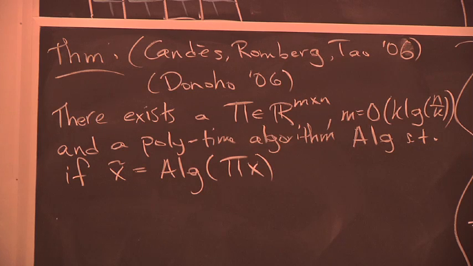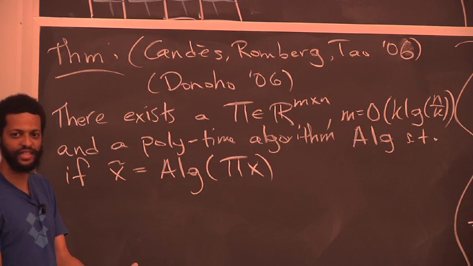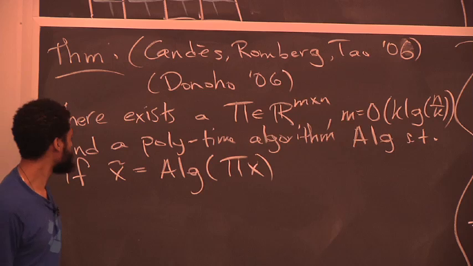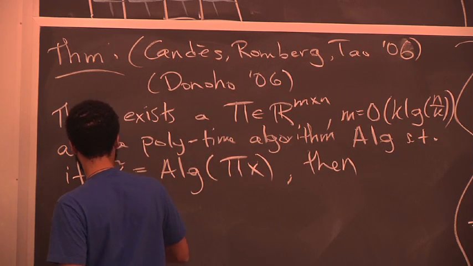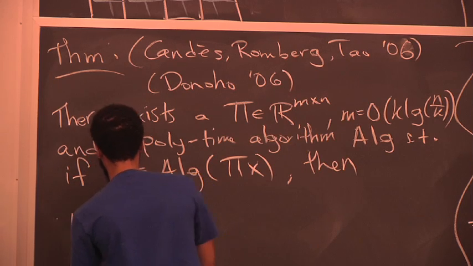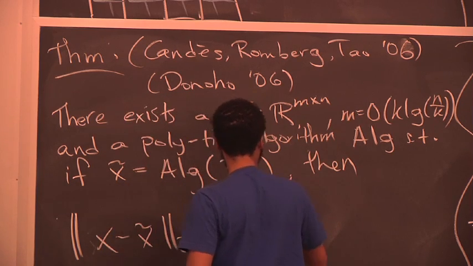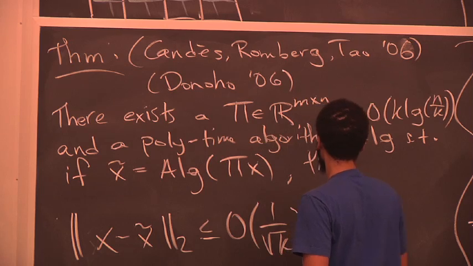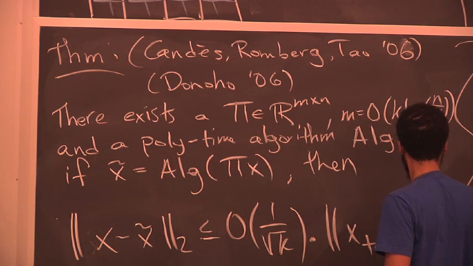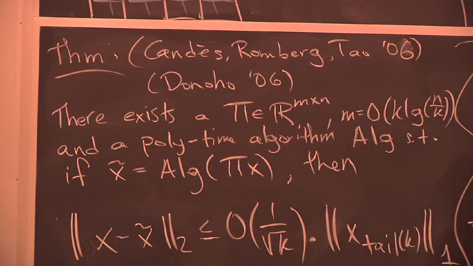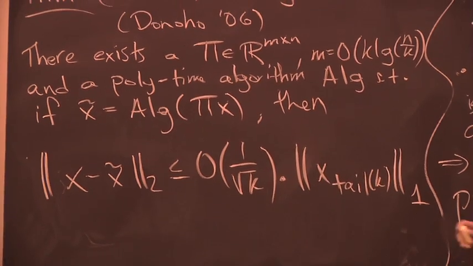So Pi is the thing that compresses. Alg takes Pi x and tries to figure out what x was. Alg doesn't know what x is as its input. Then the L2 norm of x minus x tilde is at most O of 1 over root k times x tail k. So again, it's some kind of error term that looks like that.